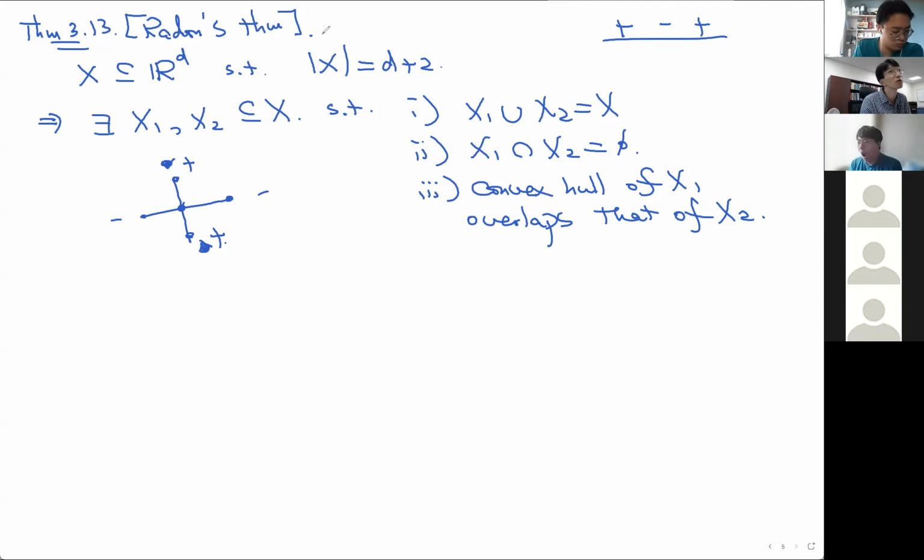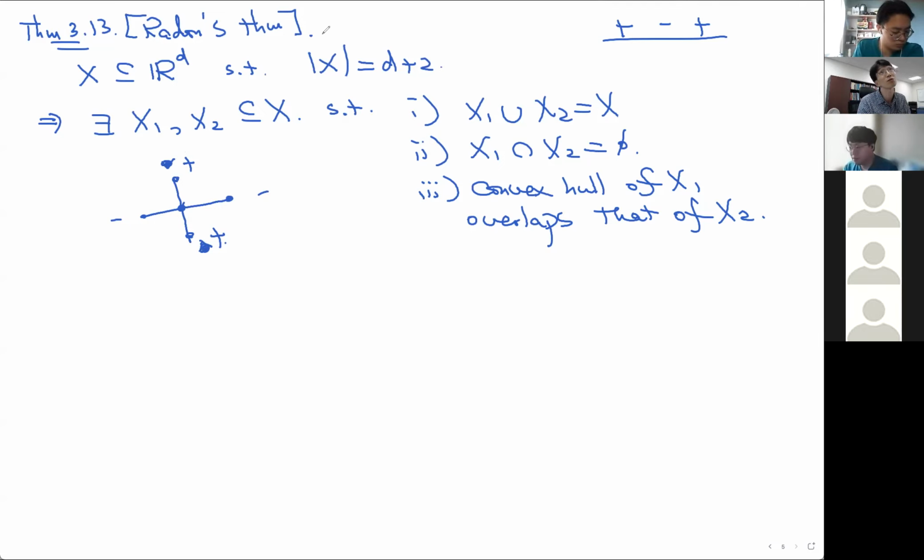So about Radon's theorem, give me 2 minutes. The proof of Radon's theorem is not difficult. It can be proved by linear algebra. Suppose we are given X as in the theorem.